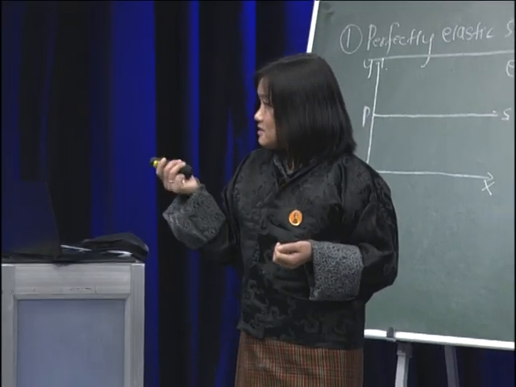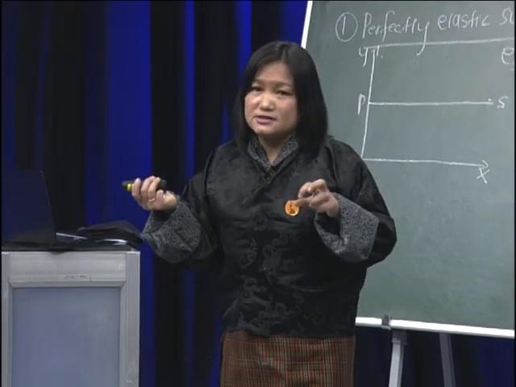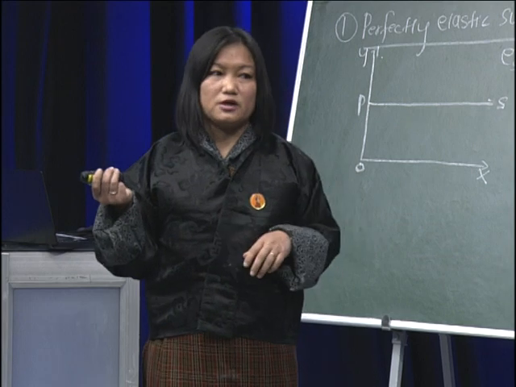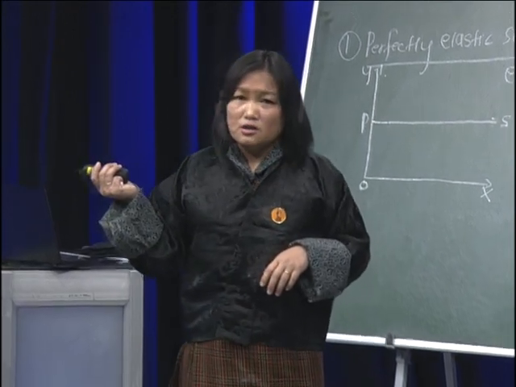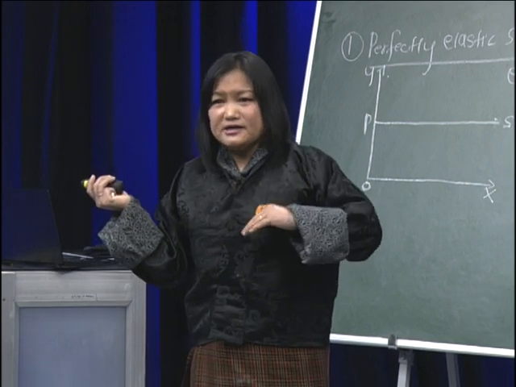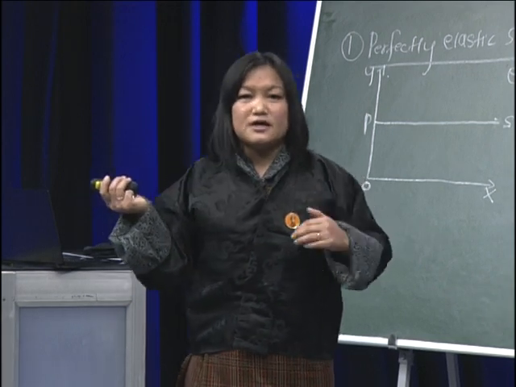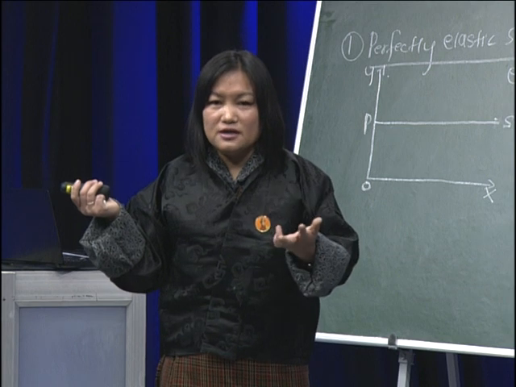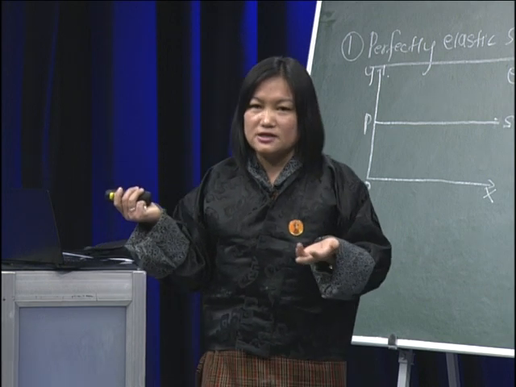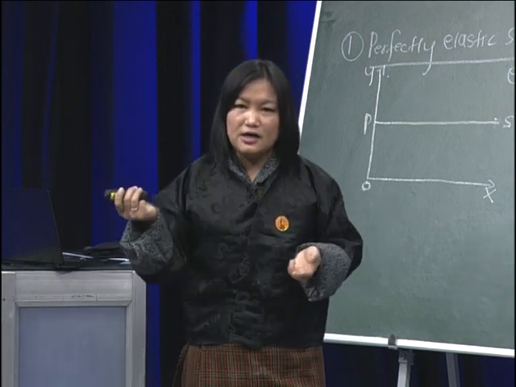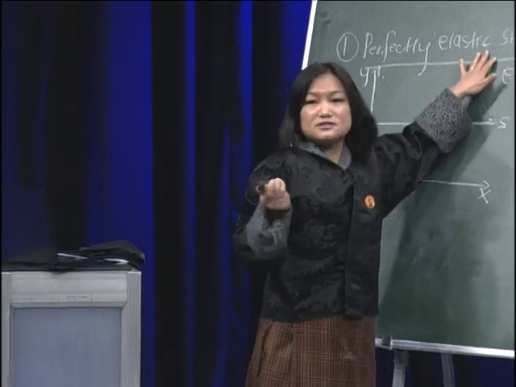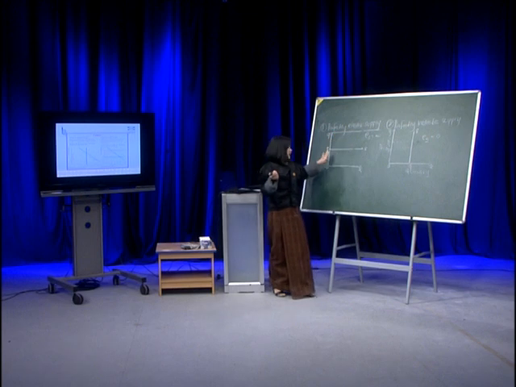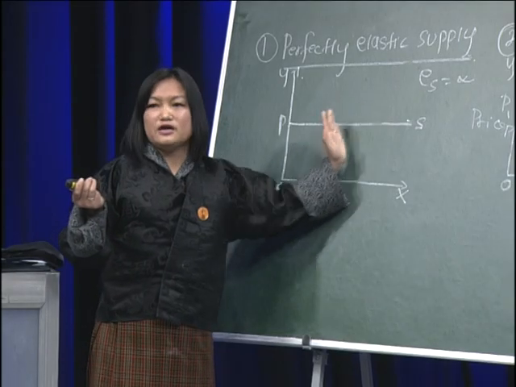So now let's look at the second category where the taxes are being imposed on the consumer. So what happens is when the taxes are imposed on the consumer, since there is increase in the price of goods and services, the supplier will be willing to supply more at that price because of the increase in the price. So what will happen is we will have perfectly elastic supply. That's at a slightly higher price, the suppliers will be willing to supply infinitely.